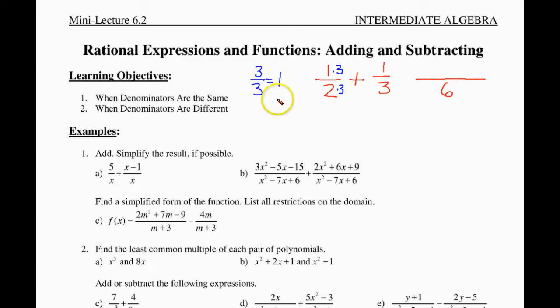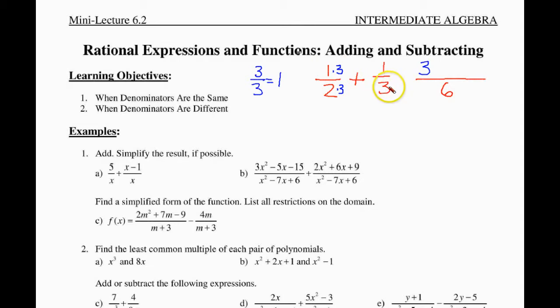That's actually a 1. So in a sense, we're multiplying this 1/2 by 1 in the form of 3 over 3 to make it have an equivalent denominator to 6. So this denominator then becomes 6. Our numerator becomes 3. So 3/6 is 1/2.